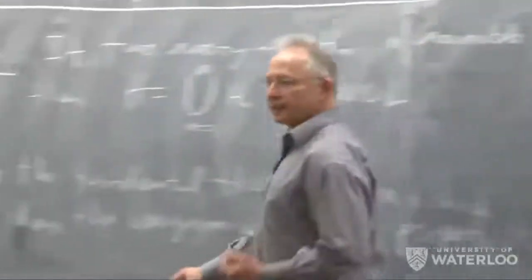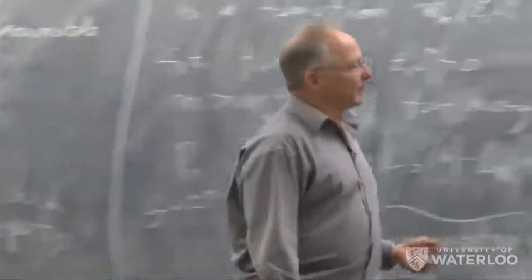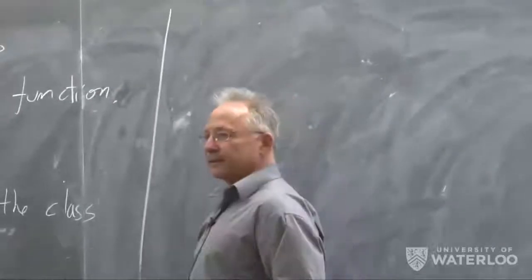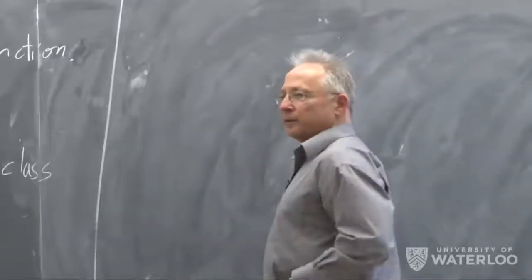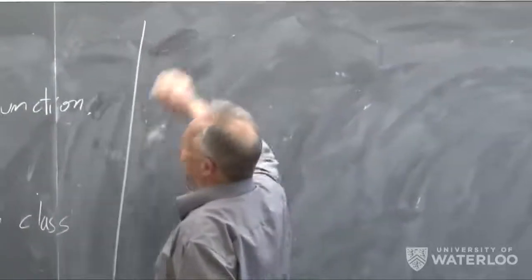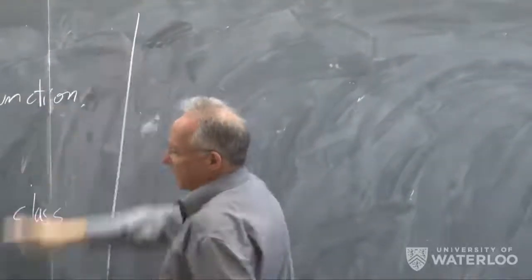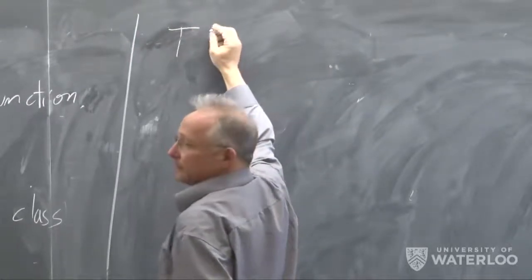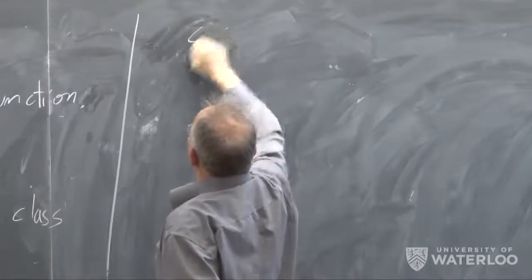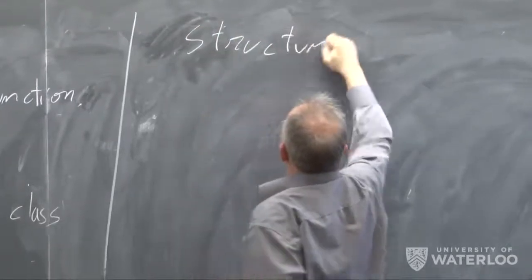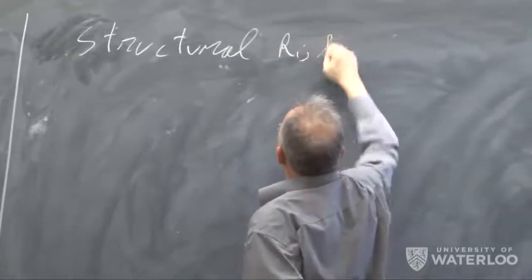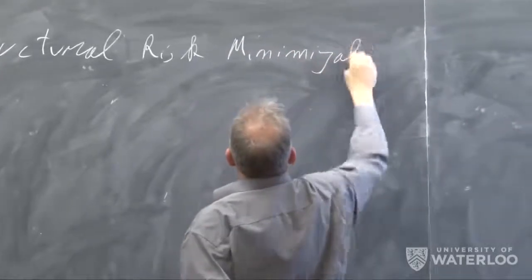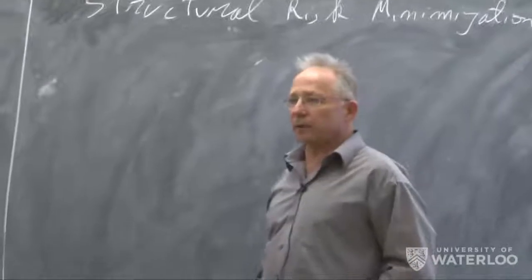Okay, so we have this weight function. Now, our trick is going to be that we add this weight function, and we are going to use a reasoning which is called structural risk minimization.